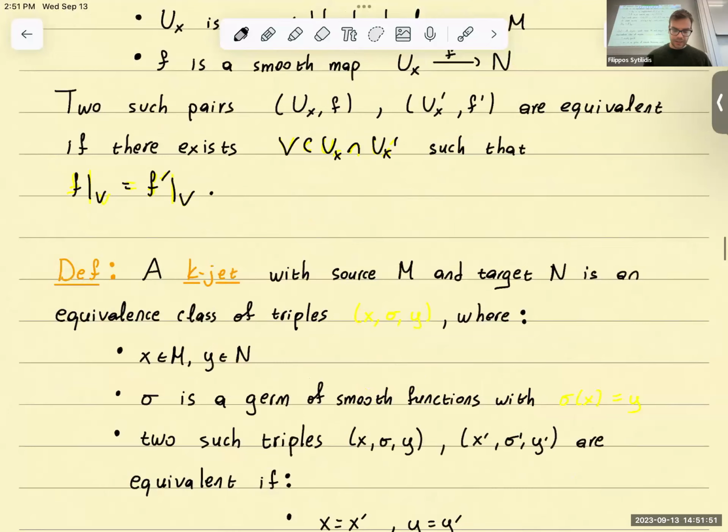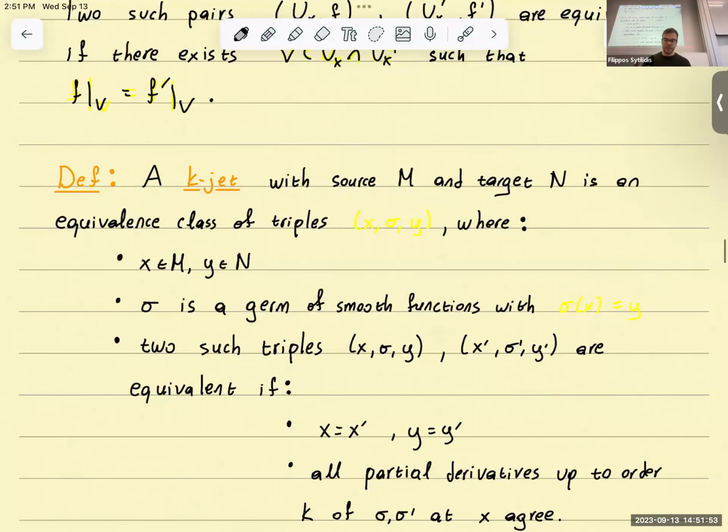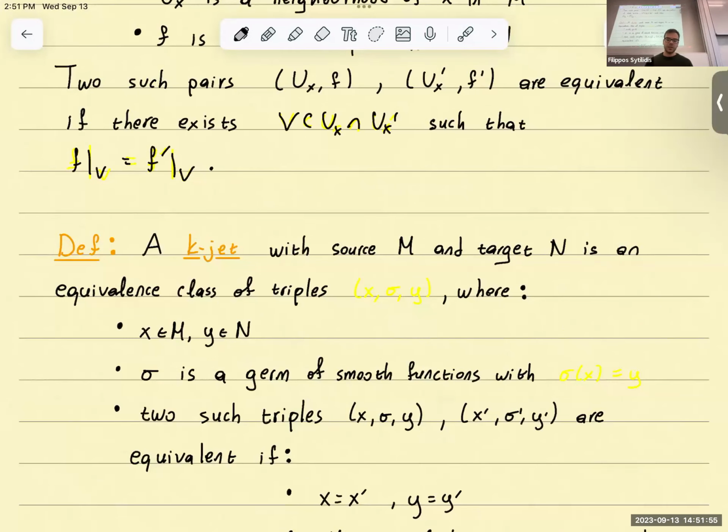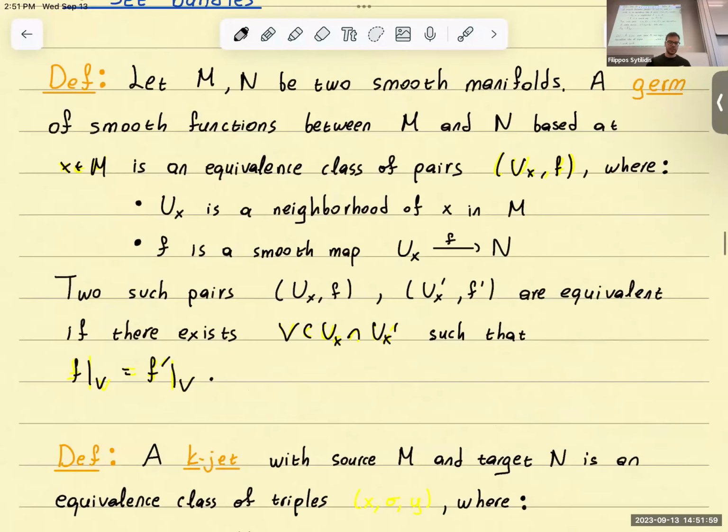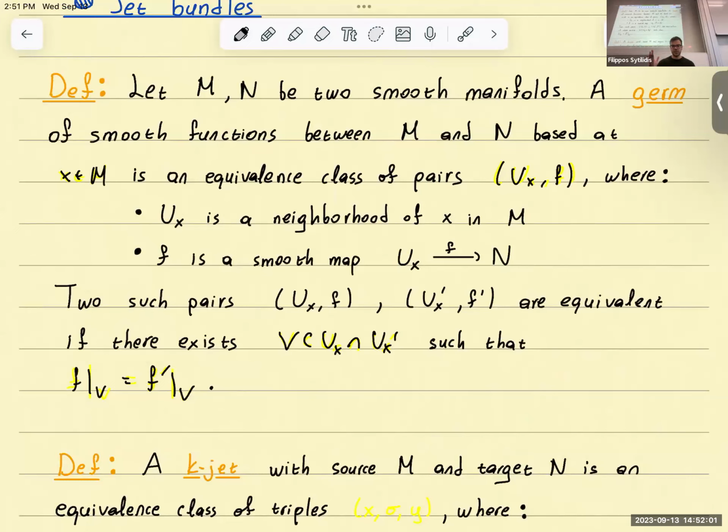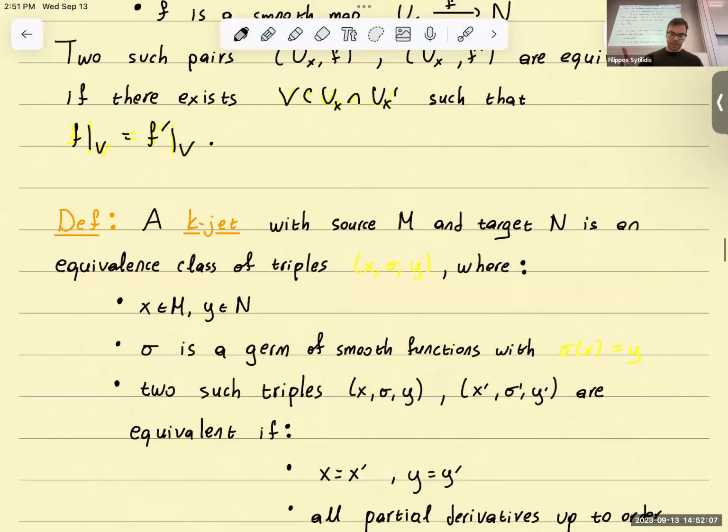And then a K-jet. Everything here continues, but now we are going to add differentiable data to it. So a K-jet with source M and target N will be an equivalence class of triples now.